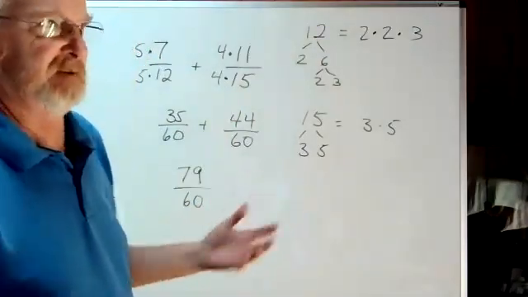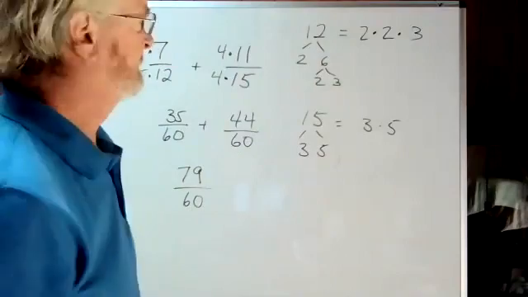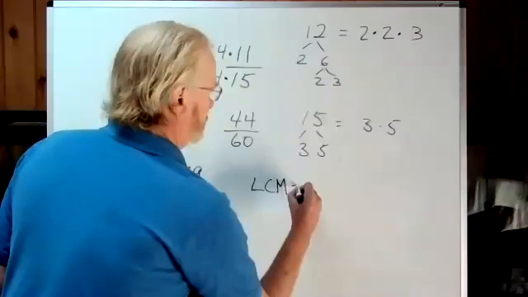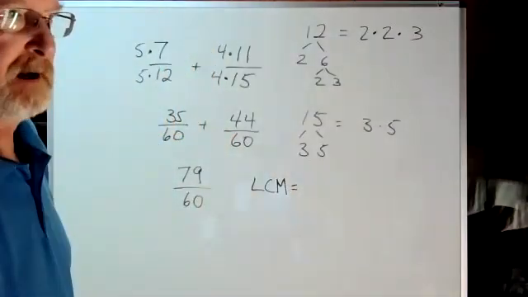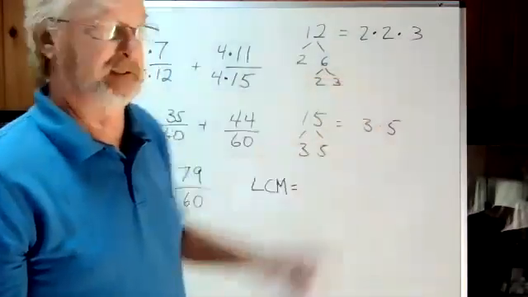That last sentence, I always say, it's kind of hard to say clearly or have it make sense. But my least common multiple, in this case the denominator, has got to have 2s and 3s in it.